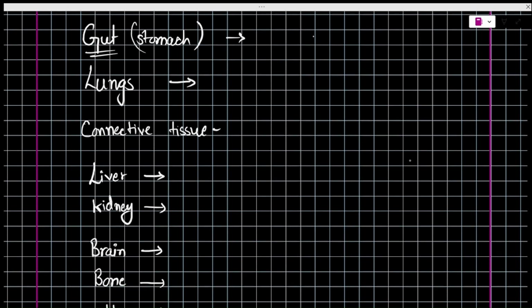Let us start with the gut macrophage, which is interstitial macrophages or intestinal macrophage. These macrophages are those which are found in the gut, or you can say in the stomach area. Then comes the lungs.